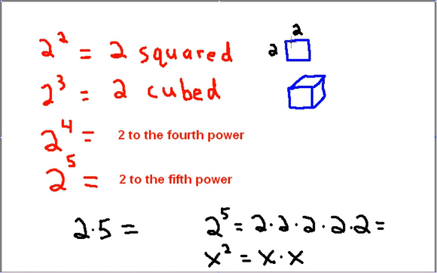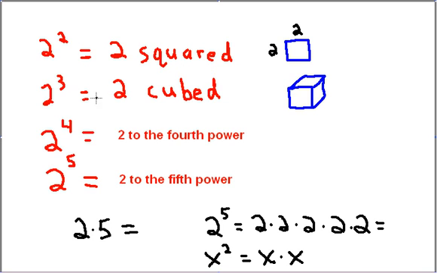What type of rectangle has a length and width of the same length? Well, a square does. A square is a special type of a rectangle. Since a square has both sides the same dimension, here 2 times 2, 2 to the 2nd power is also called 2 squared.